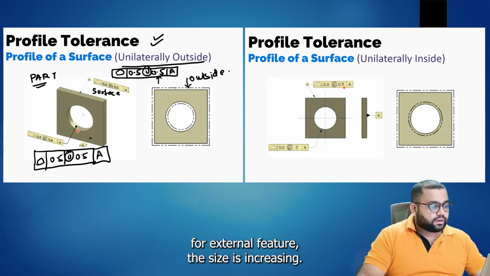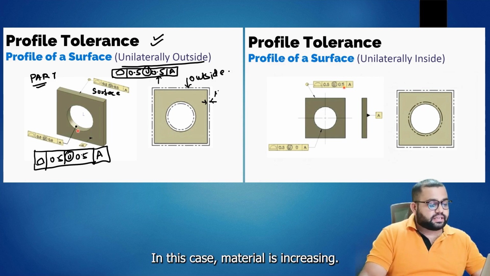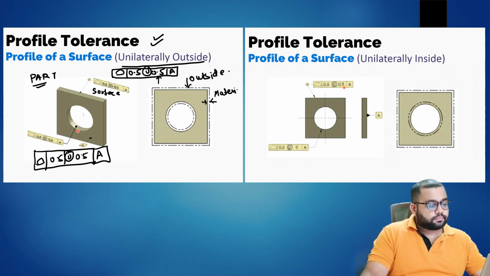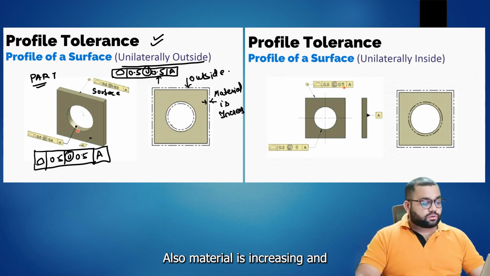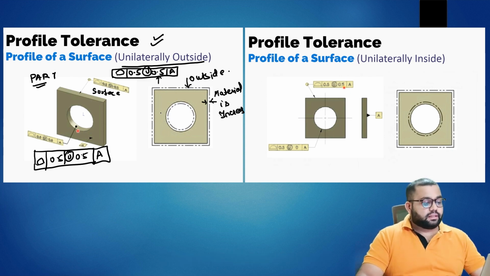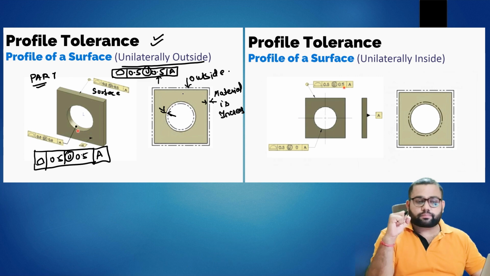In this case, for the external feature, the size is increasing. Material is increasing. In the case of the hole, material is also increasing, and the hole becomes smaller. Okay.